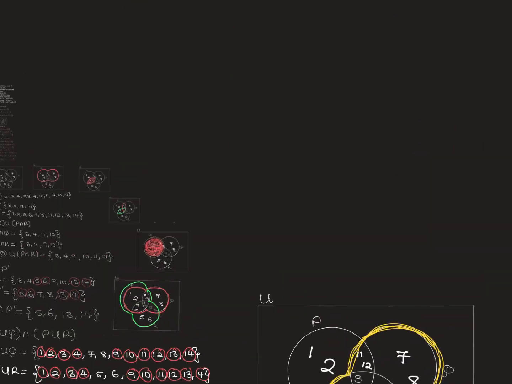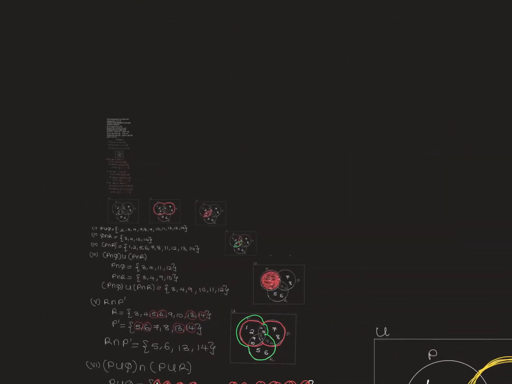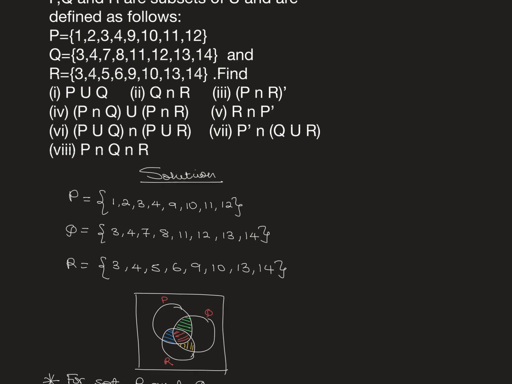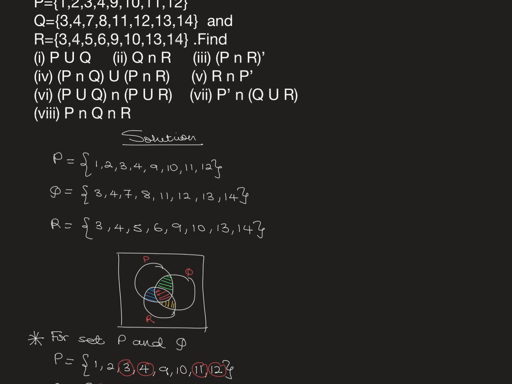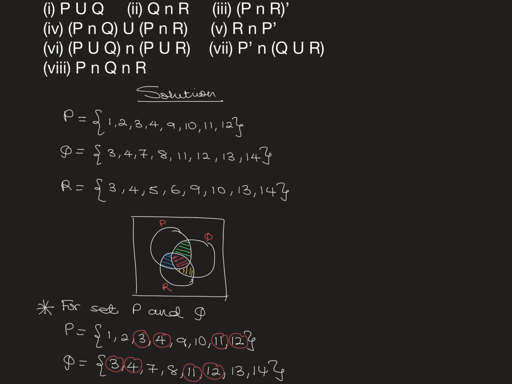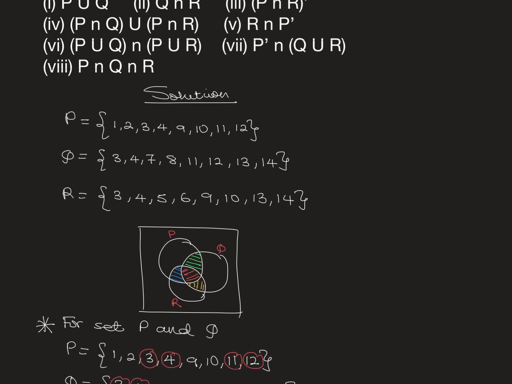And finally, question 8 is asking us to find P intersection Q intersection R. What that simply means is where P, Q, and R have intersected. That is here. And it's simple. We've said that that is 3 and 4, right?